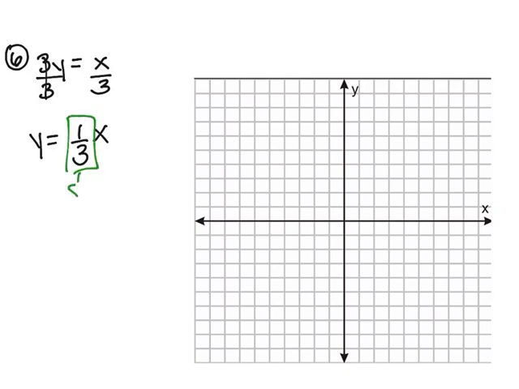Our slope would be 1/3. And since there's nothing out here but air, then we know that the y-intercept is 0. Okay? If I wanted it to be a number, it would say +1 or -1 or +15, but there's nothing out there. So that means this line is going through the origin.